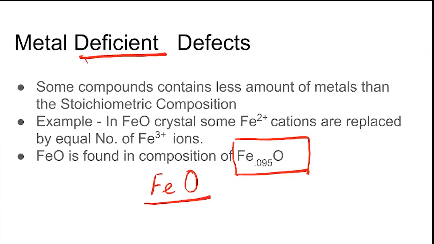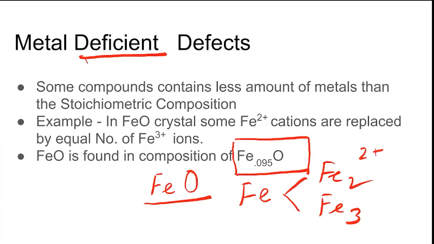Why? Because this Fe will be in two parts. Some will be Fe2+ and some Fe3+. So you don't get the perfect combination as per the ideal condition. You don't have a perfect mass of Fe combining with a perfect mass of oxygen.